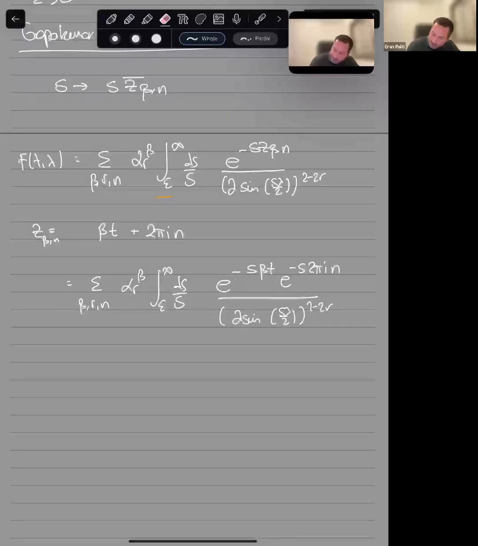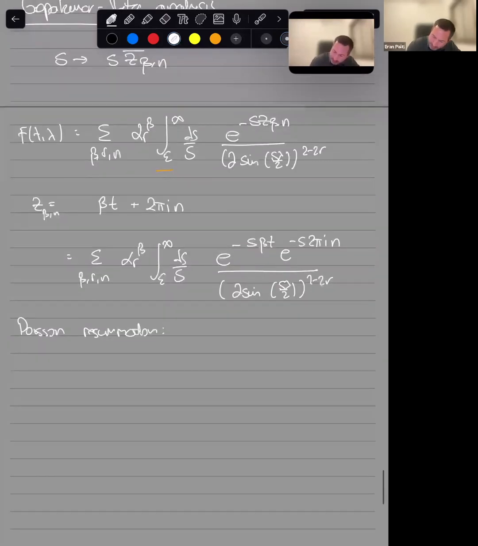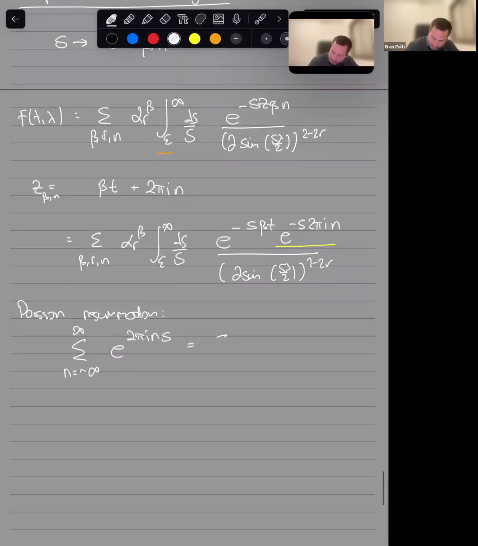And now I can use Poisson resummation to write the sum n equals minus infinity to infinity. That's the sum over n of e to the 2 pi i n s. That's the sum that we're doing here. Then that's equal to the sum over these delta functions like this, where k are integers.